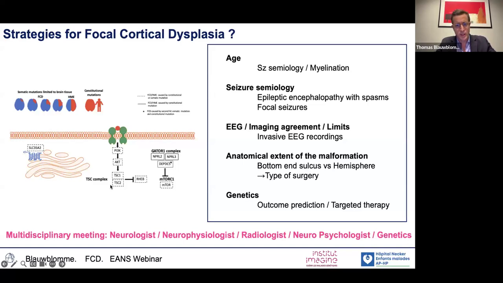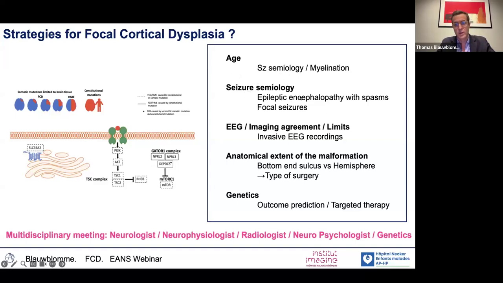But seizure semiology can also be associated with the extent of the malformation, and therefore epileptic encephalopathy associated with asymmetric spasms is not per se a contraindication to the surgery. It will give you a clue that the disease is more widespread, but it's not a contraindication to go to further exploration. So seizure semiology is associated with age.